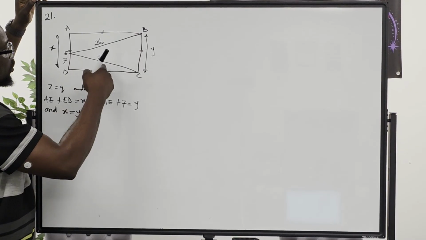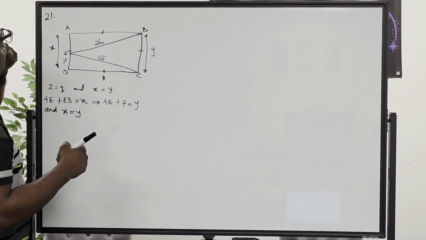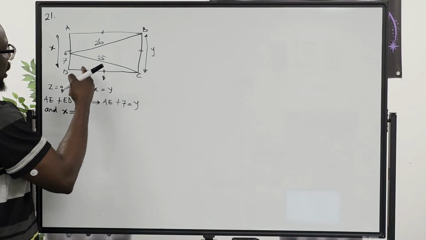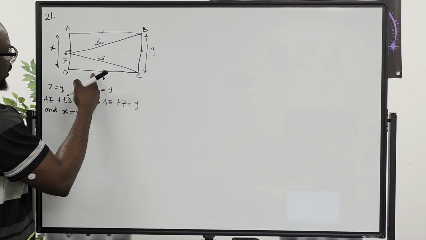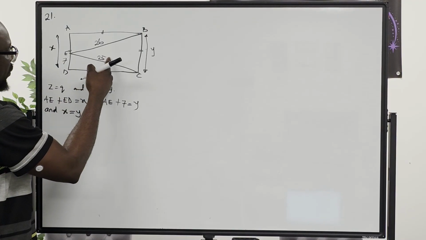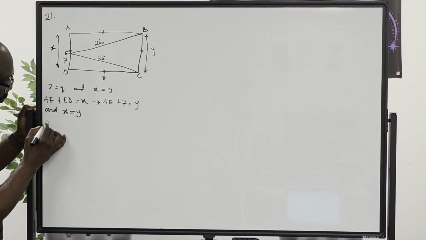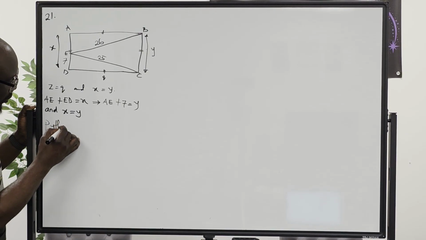So since we have these 2 triangles, we can quickly solve for one of these sides. Since we have this side right here and this side right here, this is a very simple Pythagoras theorem.